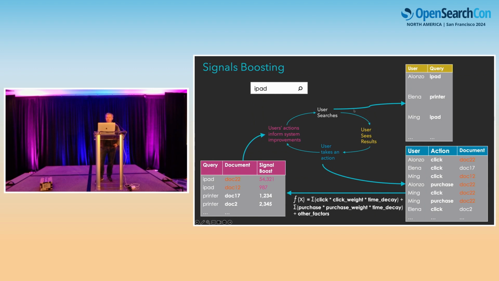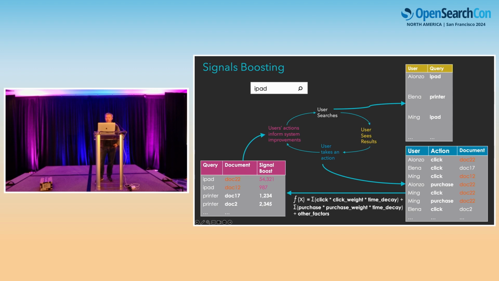This is the same general diagram you saw earlier for reflected intelligence. This is just a very specific application of it. What we're doing here, same query for iPad comes in. We log all the UBI information, the query signals, the behavior, the event signals over here for clicks, purchases, et cetera. And then we take that data and we apply an aggregation on top of it.